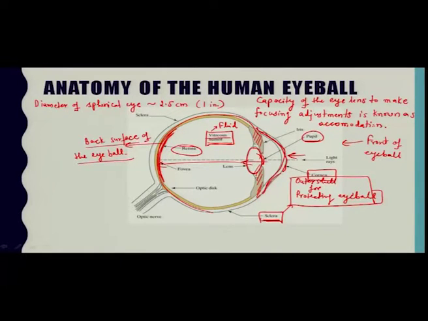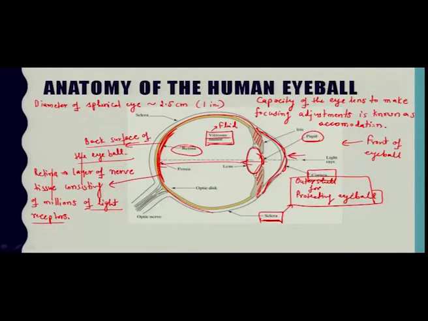It is the layer of nerve tissue consisting of millions of light receptors, and these photosensitive cells are of two types basically.